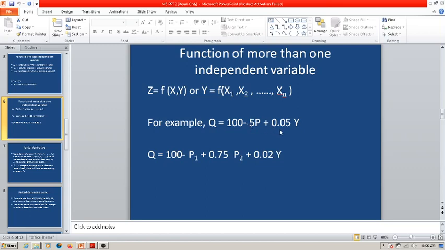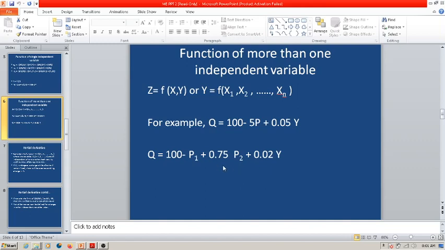In this case, the two independent variables are simultaneously occurring in the function. Here, how will you calculate price elasticity or income elasticity? Go to another example. Q is equal to 100 minus P1 plus 0.75 P2 plus 0.02y.